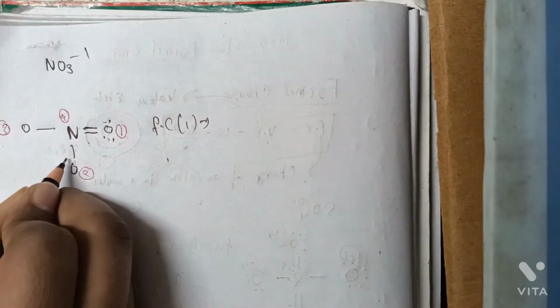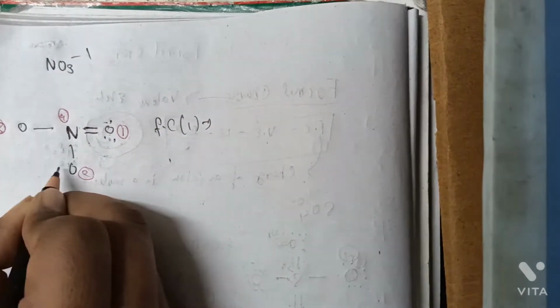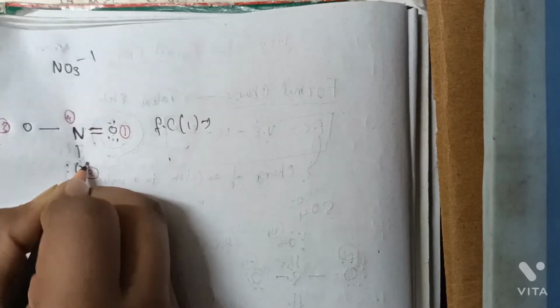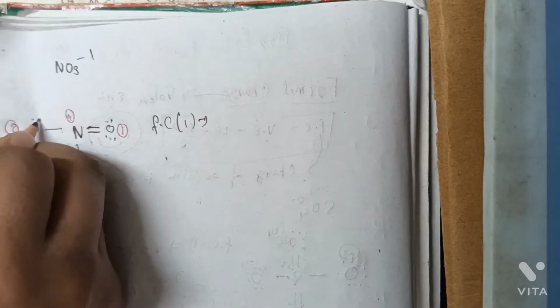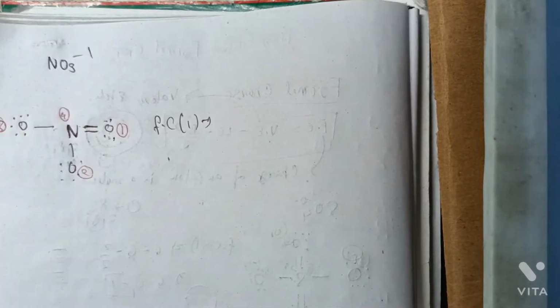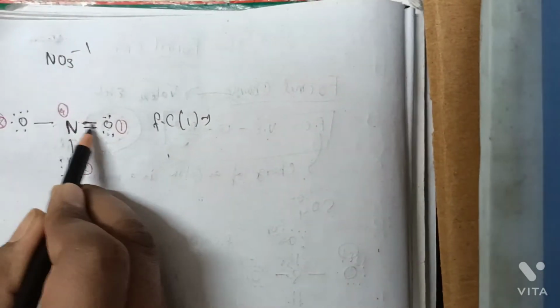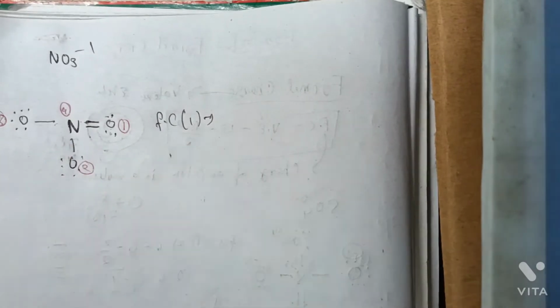For this atom, 2 electrons have taken part in bond formation, that means it has 6 electrons. This is also the same, 6 electron lone pair. And for this, 1, 2, 3, 4, 5, 6, 7, 8, it has no lone pair.